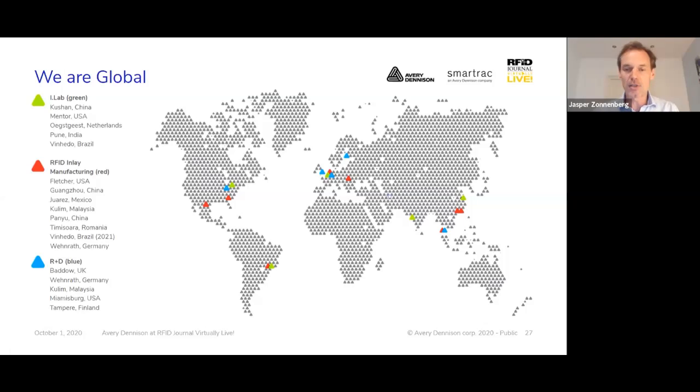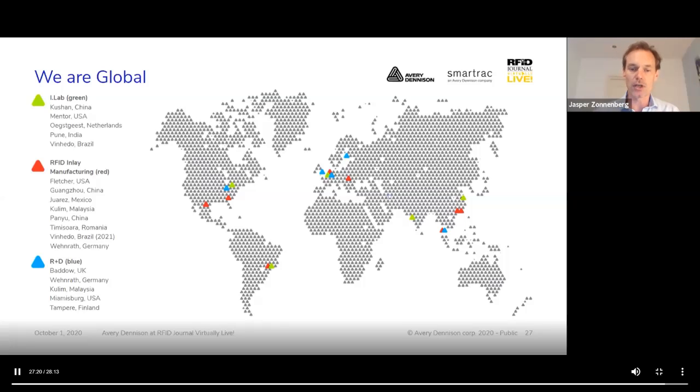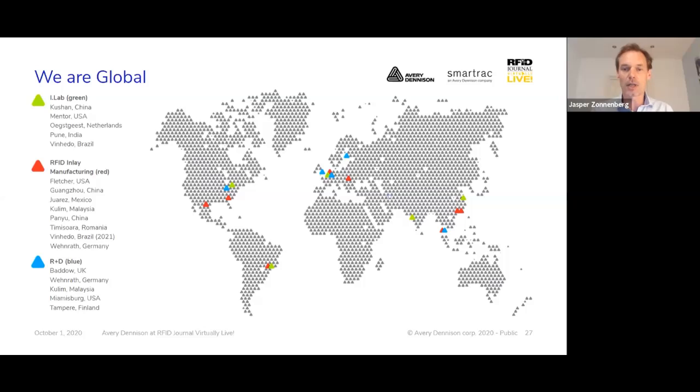And in the iLabs, we showcase RFID technology, and also what we want to do there is to expose our employees and our customers to what RFID is about. We have all kinds of use cases displayed, in virtually all segments where it plays a role. So it's really an area for innovation and collaboration. And I would gladly also invite any of you who is interested to see this, to contact us and pay a visit to one of our iLabs.